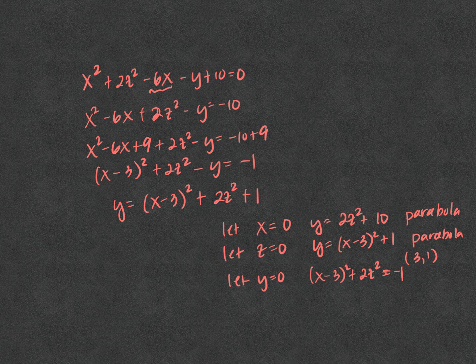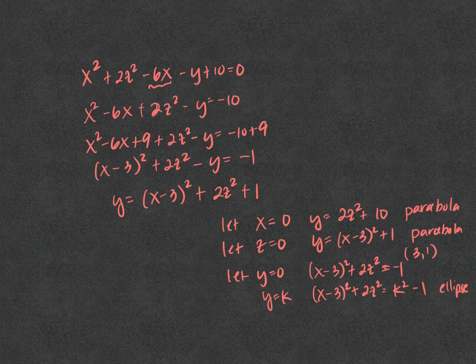So let's put the y back in, and let's let y equal k. Then we have x minus 3 squared plus 2z squared equals k minus 1. So k can be anything larger than 1, and this is an ellipse in this case. So we have two parabolas, an ellipse.